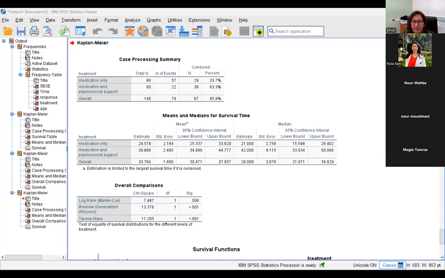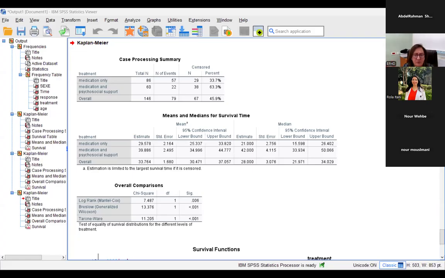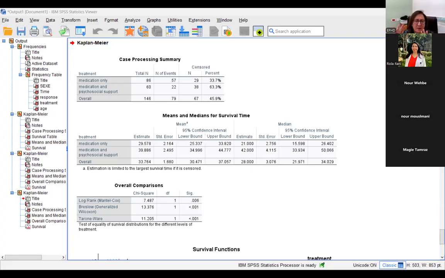The mean time for medications only is 29.5 versus medication and psychosocial support is 39.8, while the median is 21 for medication only versus medication and psychosocial support is 42, which is greater.